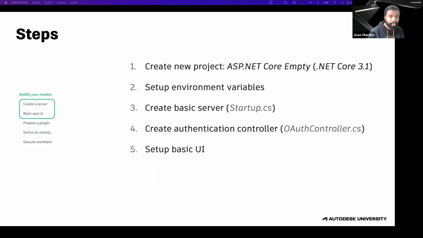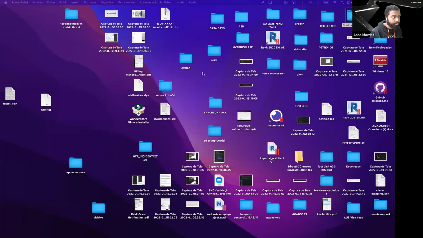Create a new project using ASP.NET Core. The version will be .NET Core 3.1. Set up the environment variables and create the basic server and the authentication controller. After that, we are going to take care of the basic user interface through the HTML and JavaScript files. Right? So let's go do it.